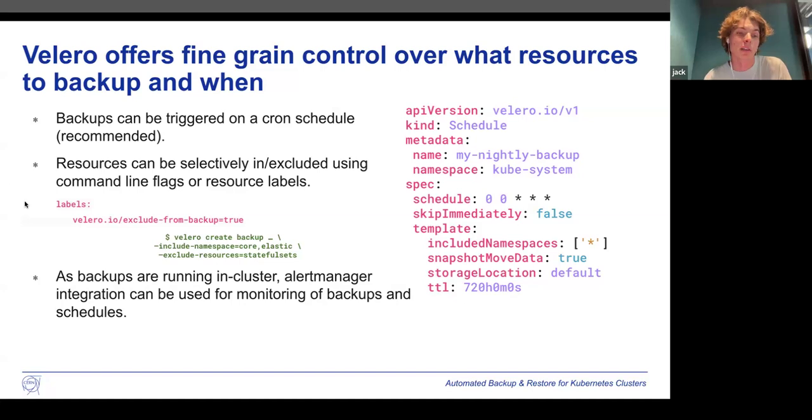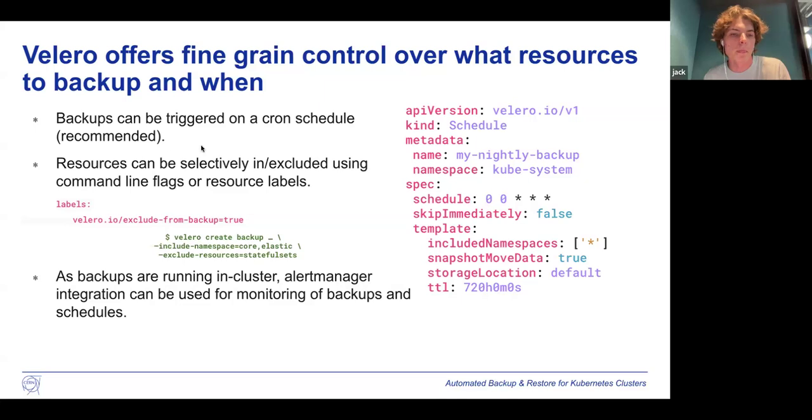Equally, I can choose to exclude things from a backup. Let's say I'm running Redis as a cache, I may not want to bother backing up that data because it's cached data and it doesn't really matter if I lose it. Things like this are very useful if you want to start improving the speed of how backups work.